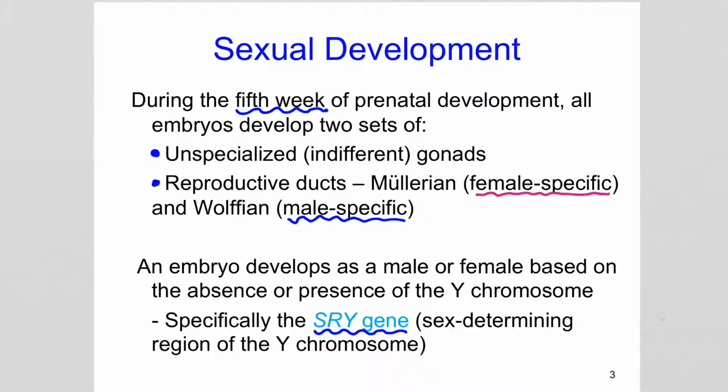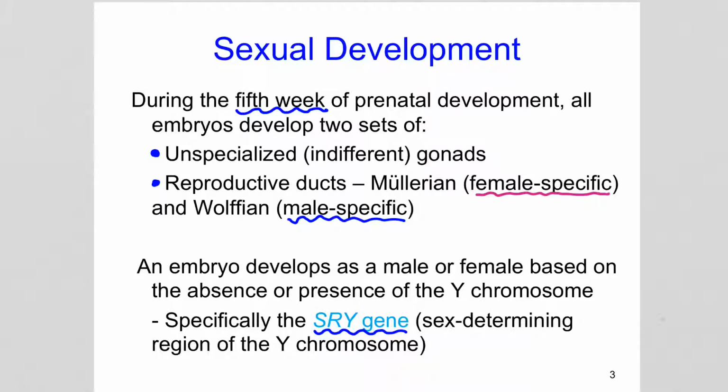And if those SRY hormones are produced, that triggers the individual to go along the male pathway. So what that signals is for the deterioration of the Müllerian ducts, or those female precursors, and the full development of our Wolffian ducts into our vas deferens.